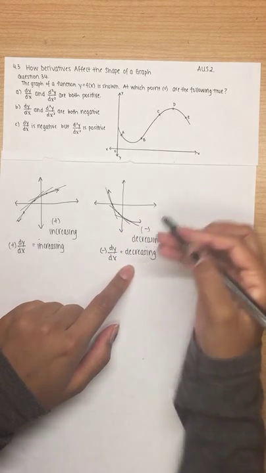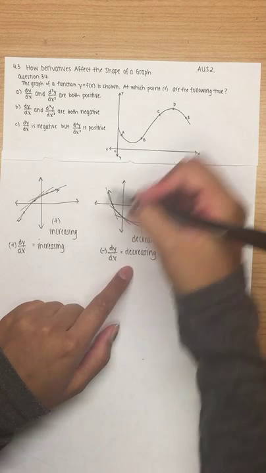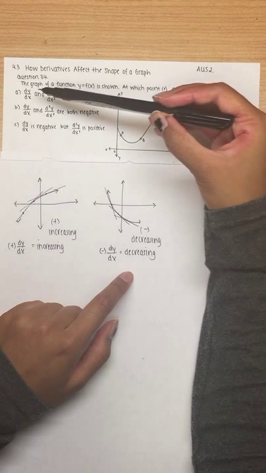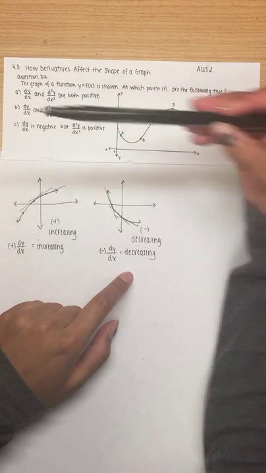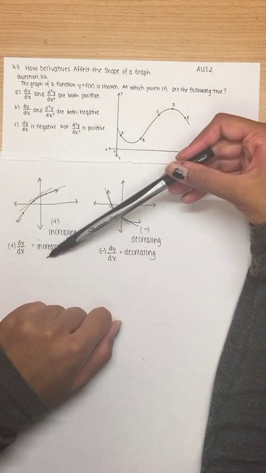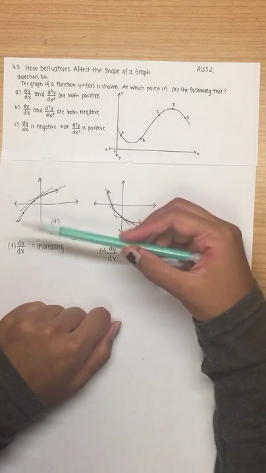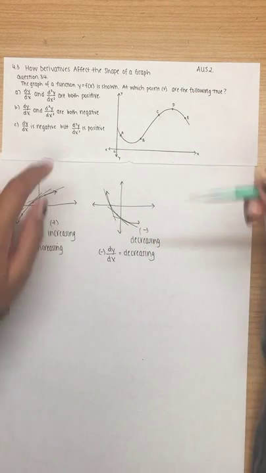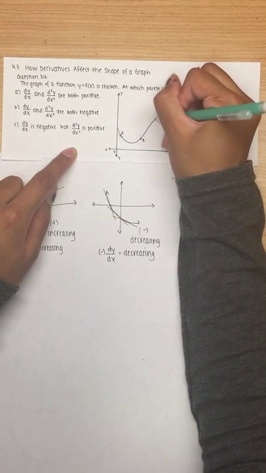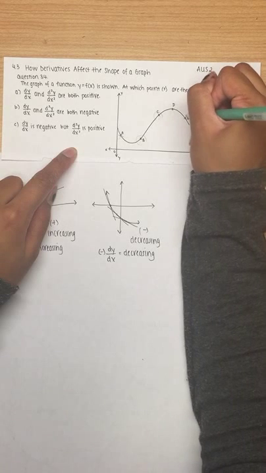So now we understand how to relate the first derivative to the graph, so we can start on the first part of the question. A wants us to find a point at which the first derivative is positive and the function is increasing. That eliminates A. B is an option, C is an option. It eliminates E because E is decreasing.